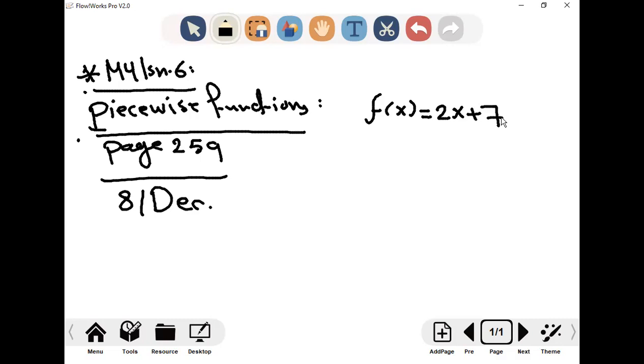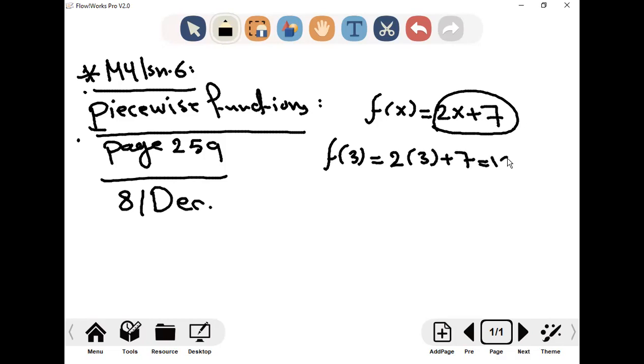If you want to find f of 3, you only have this rule: 2 multiply 3 plus 7, which is 13. If you want to substitute f of negative 4, you only have this rule: 2 multiply negative 4 plus 7, negative 8 plus 7, negative 1.